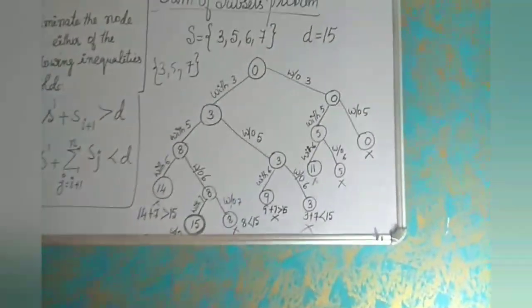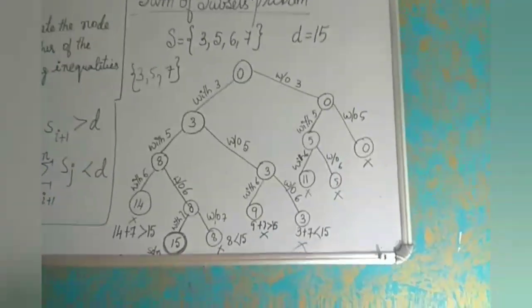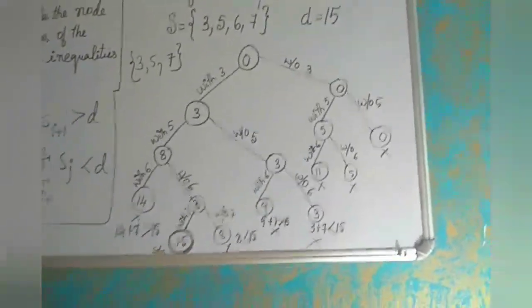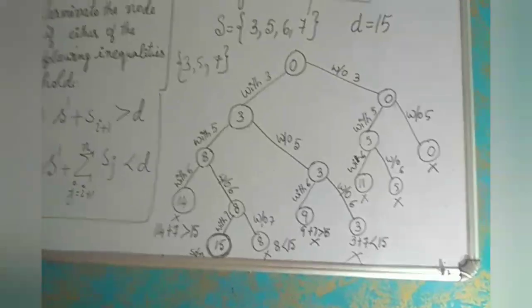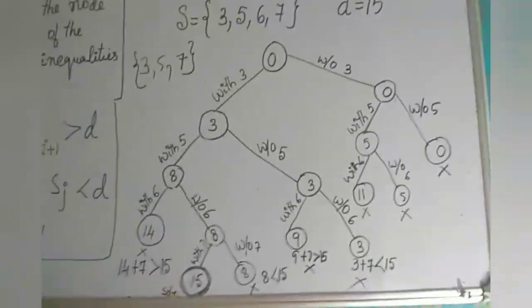Now you can see on the right side, that is when we have not considered 3, so we got the value as 0 itself. Then from there again we have expanded the tree by considering the second element.